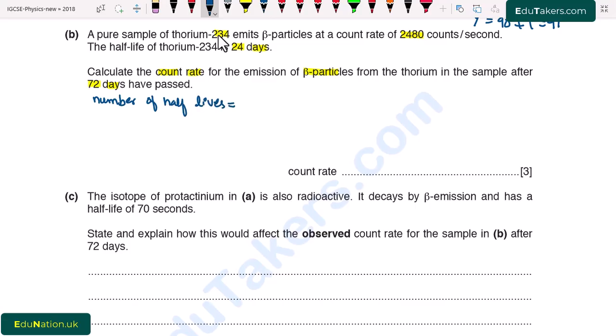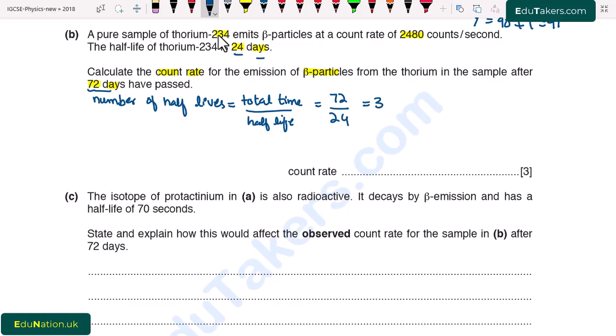will be equal to total time, that is 72, divided by half-life. So here total time is 72 days and half-life is 24 days.